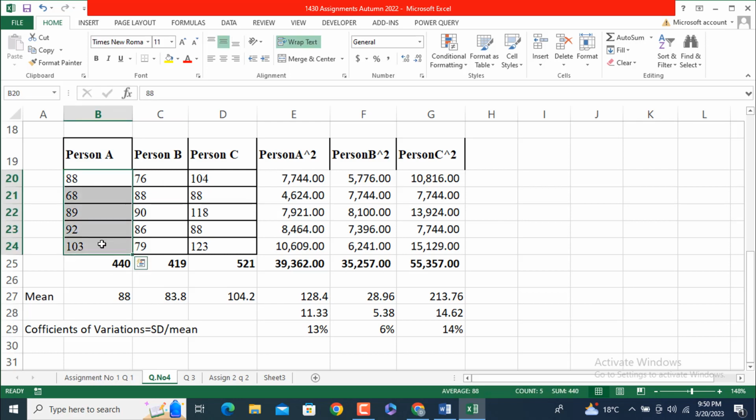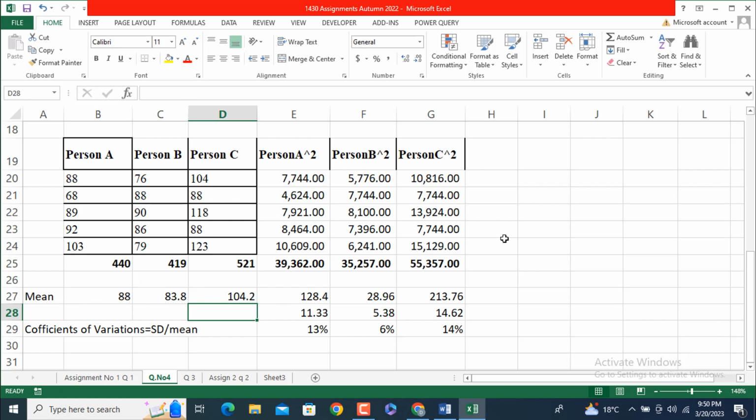You can see that 440 is the sum, and the mean is obtained by dividing this sum by the number of observations, which is equal to 5. The same is the case for person B and person C. Here is the mean of person A, person B, and person C.